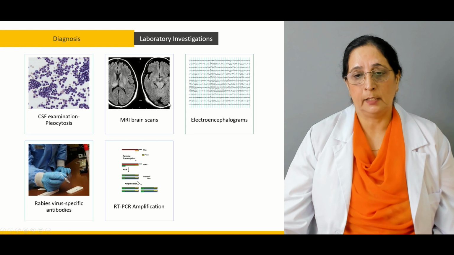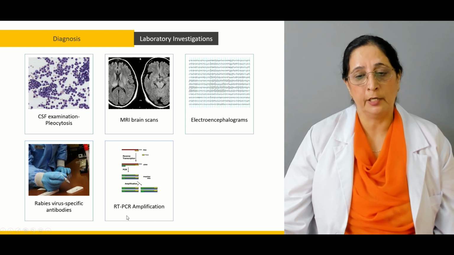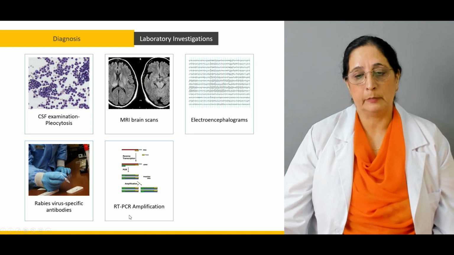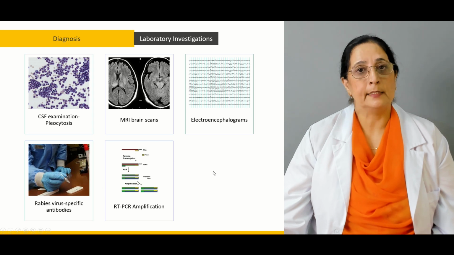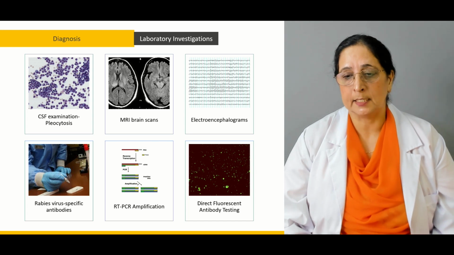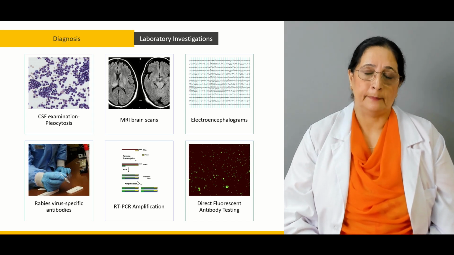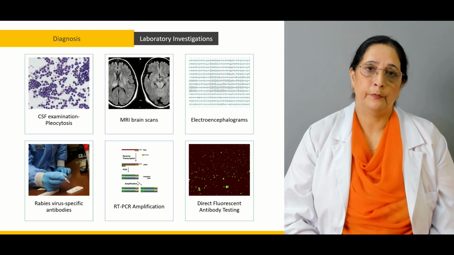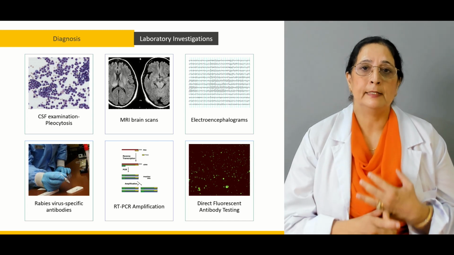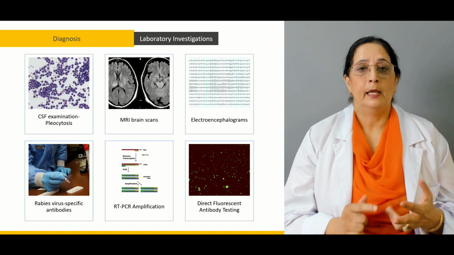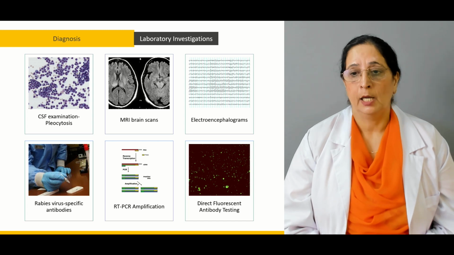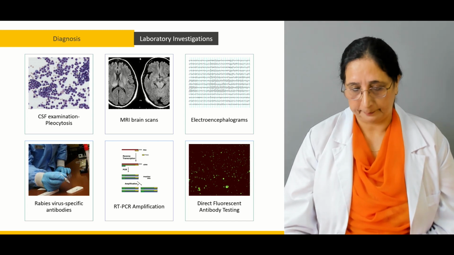Another is the reverse transcriptase polymerase chain reaction amplification test, and then direct fluorescent antibody testing. So all these are different tests for the diagnosis of rabies: CSF examination, MRI, antibody testing, polymerase chain reaction, electroencephalogram.